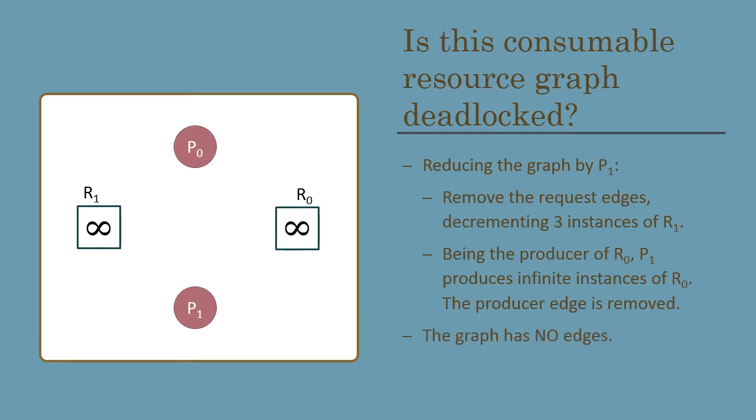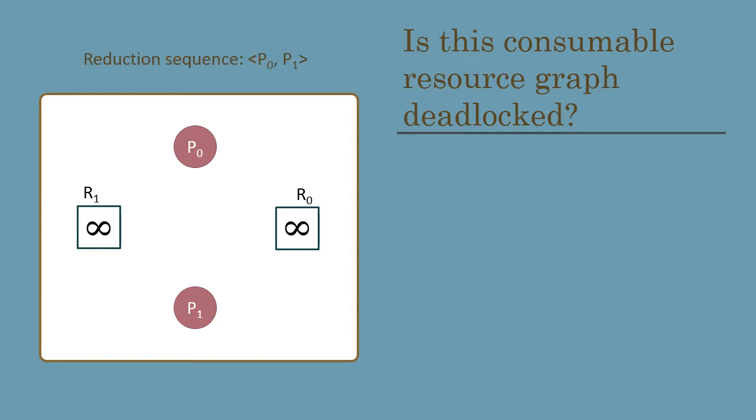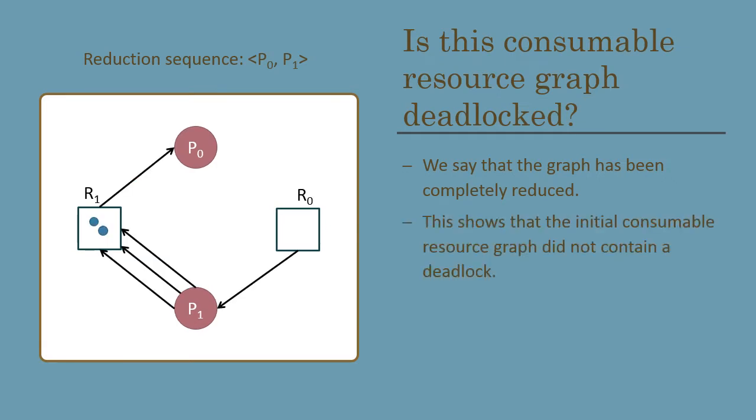The graph has no edges. We say that the graph has been completely reduced. This shows that the initial consumable resource graph did not contain a deadlock and that it can be reduced using the sequence P0 and then P1.